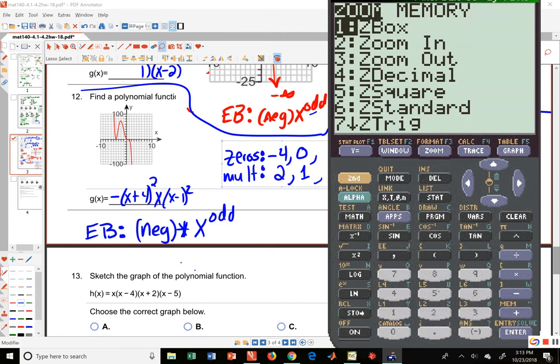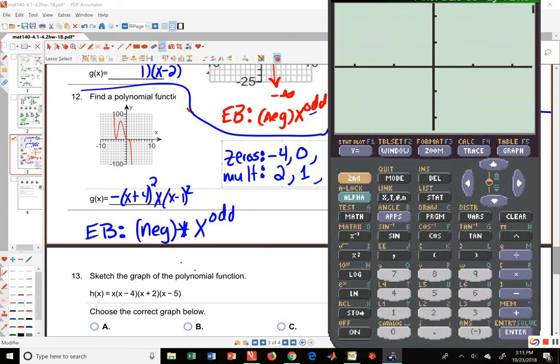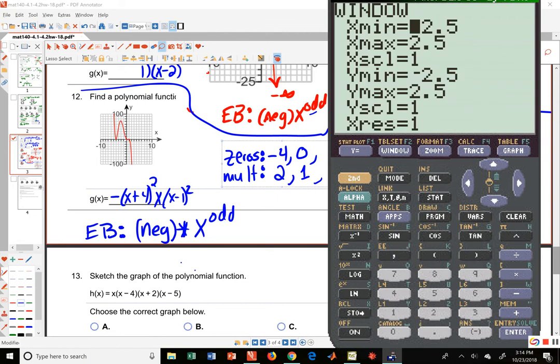Let me zoom in just a little bit closer to the origin. It goes straight through. It has no flatness at the 0 at 0, and then it bounces off that 1 there in a quadratic fashion. But let's make sure our axes look just like the question, and then we can verify whether we have been successful or not.